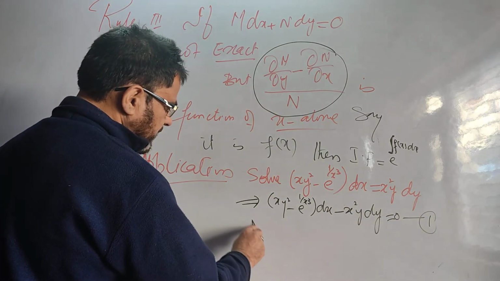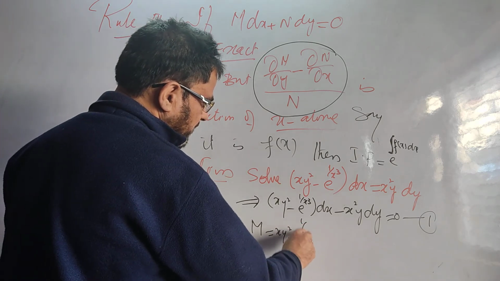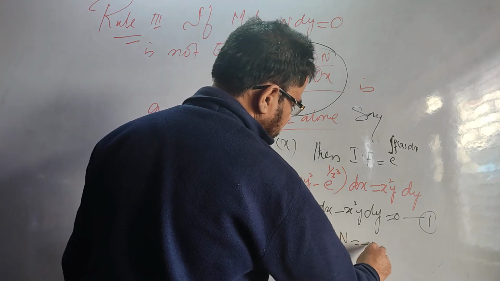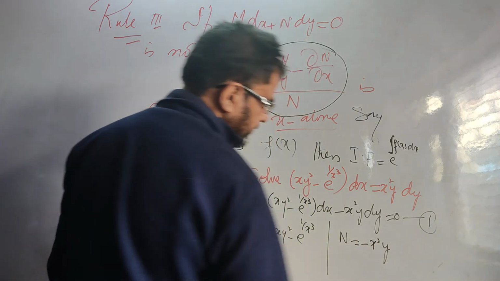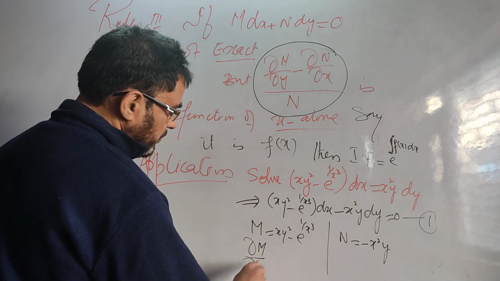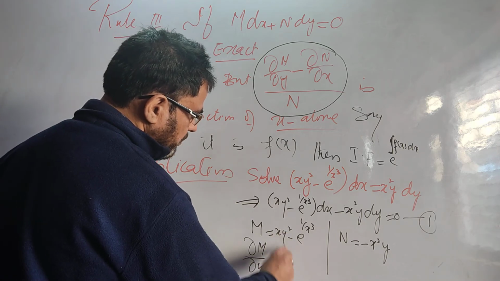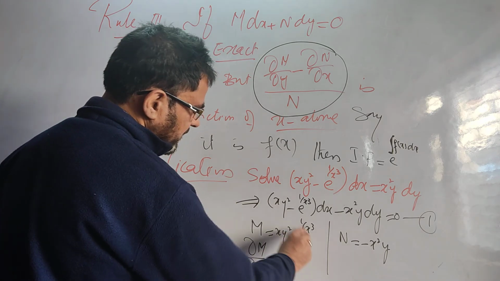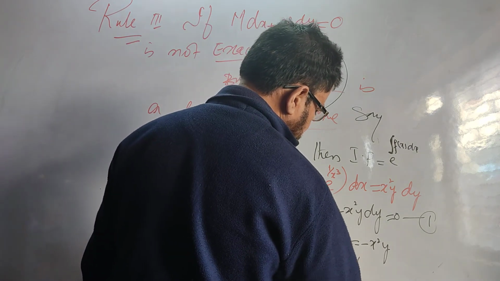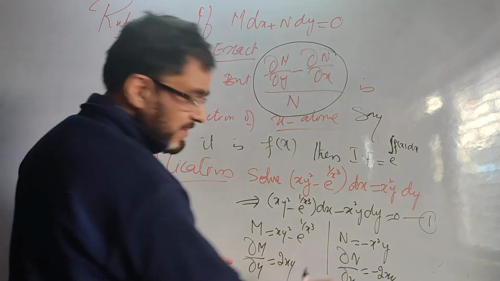Our M is here xy square minus e raised power 1 by x cube, and our N is here minus x square y. What is partial of M with respect to y? It is 2xy. The other term is 0. Then partial of N with respect to x is what? Minus 2xy. They are different.